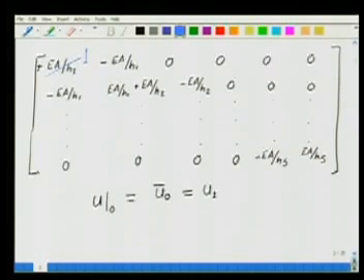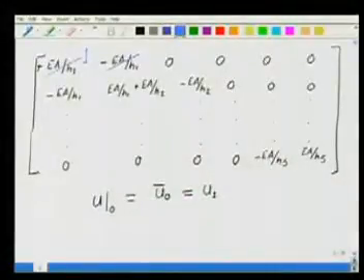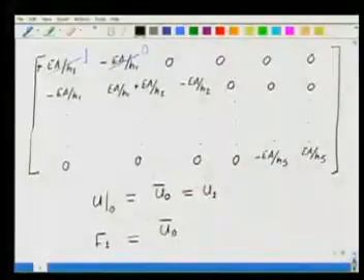The diagonal entry corresponding to the first row, I am going to make as 1. All other entries in this row, the first row corresponds to U1, I am going to set to 0. At the same time, what am I going to do to the F1? I am going to put F1 equal to U0 bar.